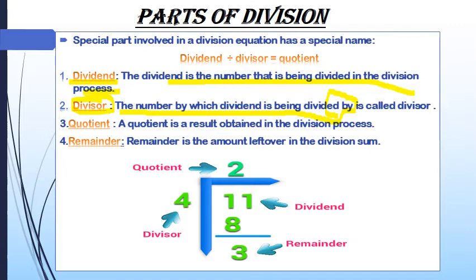The third one is quotient, which is the result obtained in a division process. And last but not least, the amount left over in a division sum is called the remainder.